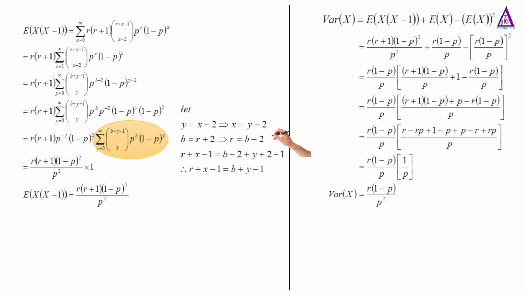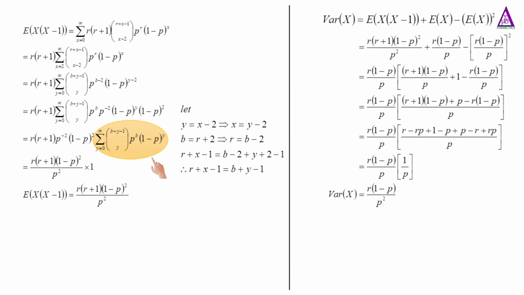So we now substitute y, b, and r plus x minus 1 in this equation. And we have r into bracket r plus 1, summation y ranges from 0 to infinity, b plus y minus 1 combination y, p raised to the power b minus 2 in the bracket 1 minus p raised to the power y minus 2. So by expanding this equation, we have this equation.